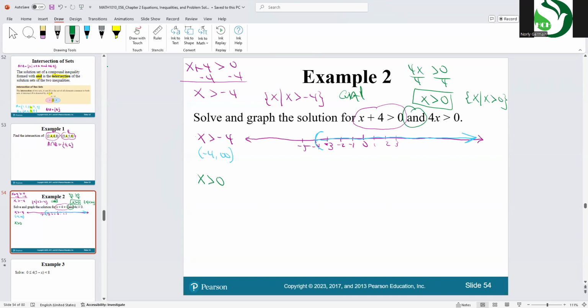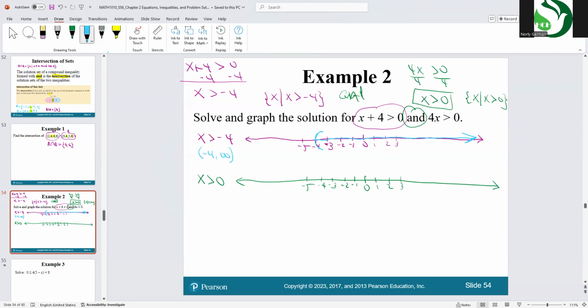All right. So what I can do is grab the same line. And then I have 0, -1, -2, -3, -4, -5, and I can continue indefinitely. Then I have 1, 2, 3, and I can continue indefinitely.